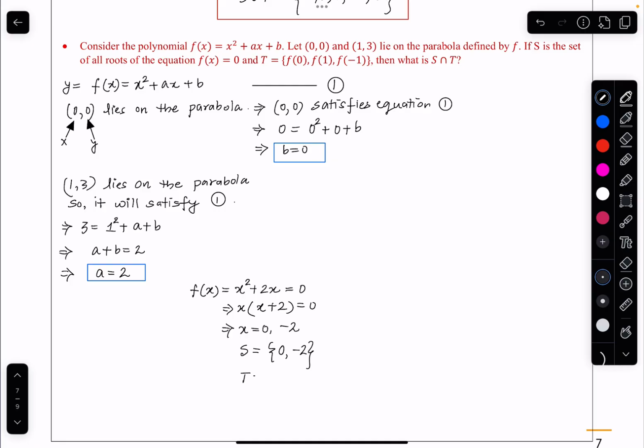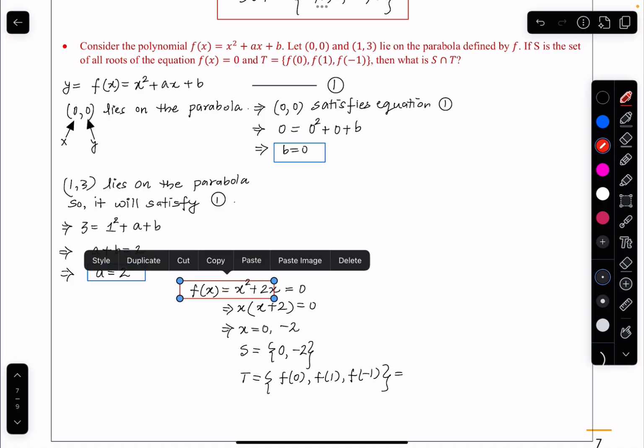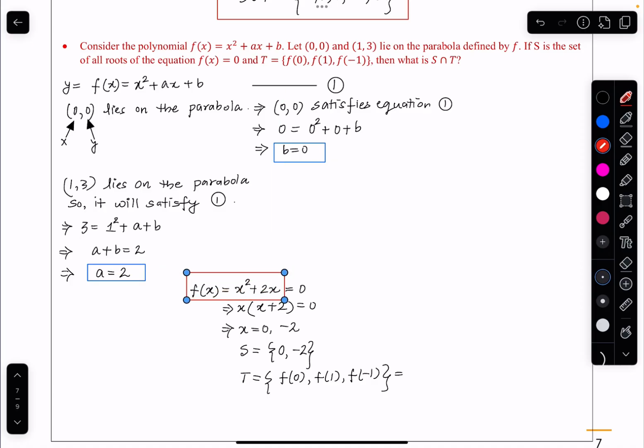Coming to the set T, T was f evaluated at 0, f evaluated at 1, f evaluated at minus 1. So this is the polynomial f(x), and I need to evaluate it at certain points. One is x equal to 0, then the point 1, then the point minus 1.